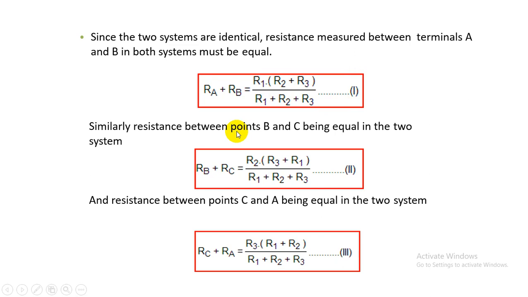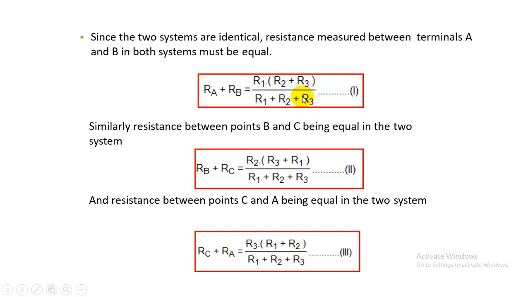In a similar manner, when we apply the voltage source across the BC terminals of both the delta connection and star connection, we get an equation as same as the previous equation. When we apply it again between the C and A terminals, we get one more equation: RC plus RA is equal to R3 (R1 plus R2) upon R1 plus R2 plus R3.